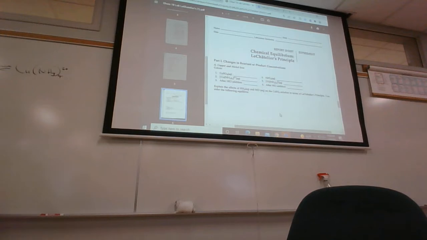Should we do it in writing? Explain the effects. So increasing ammonia shifts right. Something like that. Increasing ammonia shifts it right. Color goes from light blue to dark blue. Decreasing ammonia, but how did we decrease the ammonia?